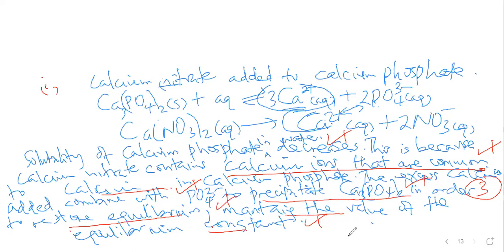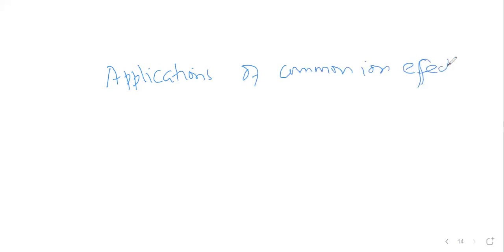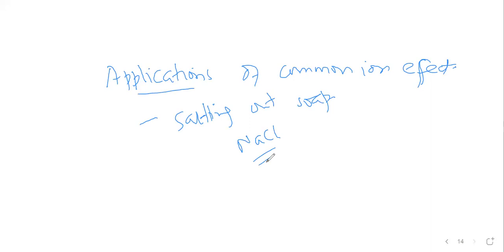Hoping that everything is clear, I want you to make research and read about applications of common ion effect. Common ion effect is applied industrially. Remember, in the preparation of soap, there is a procedure called salting out soap, whereby you add brine to soap.